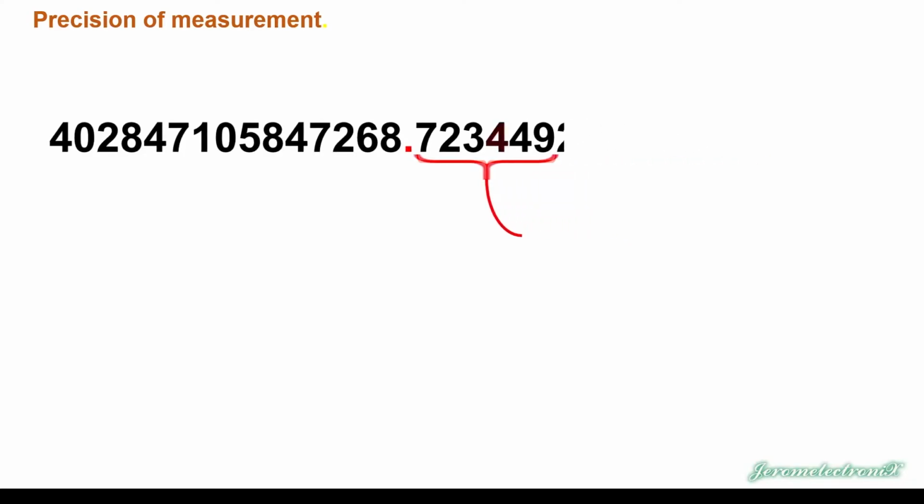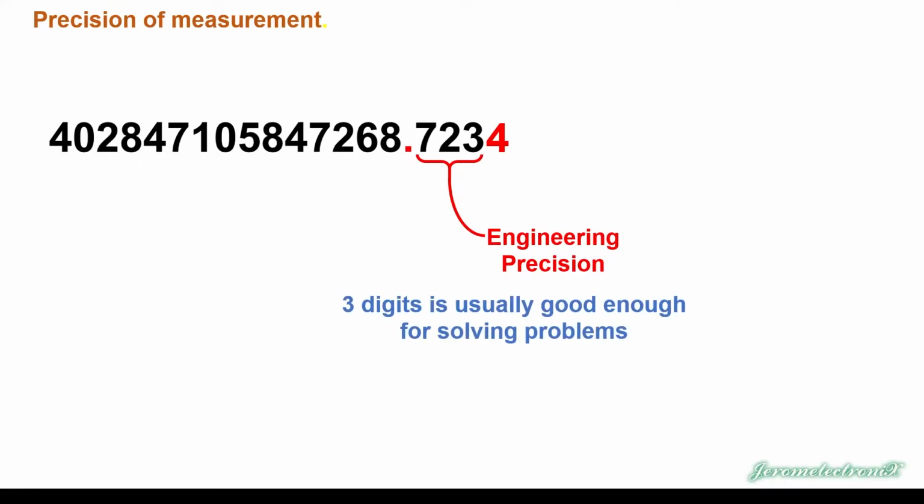In engineering notation, I tell my students that really all we need is to go maybe 3 digits past the decimal. 3 digits is usually good enough to solve problems and make money. And that's what engineers want to do. They want to solve problems and make money. They're not really going for new earth-shaking discoveries. If they were, they'd probably be called scientists.